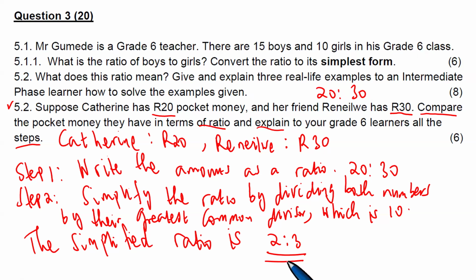What is the meaning of this 2:3? It means that 10 was divided into 20, and then we got a 2, and the same thing as 10 into 30, we got a 3. Well done. That's correct.